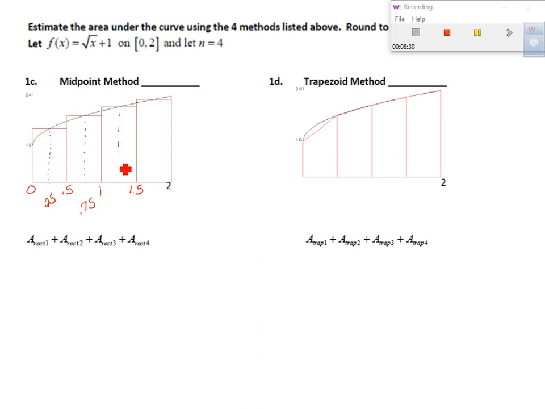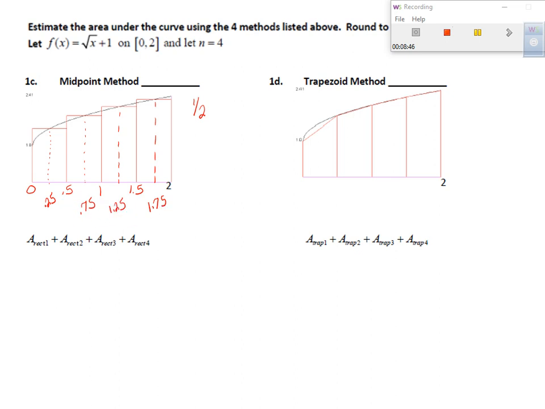I'm going to do it again. That number is going to be 1.25. And if I do it again, that number is going to be 1.75. I want you to notice something here. Notice that the width of each rectangle is still 1/2. Notice that my midpoints also have a difference of 1/2. So as soon as I found the first midpoint, I could just add 0.5 to it every time.